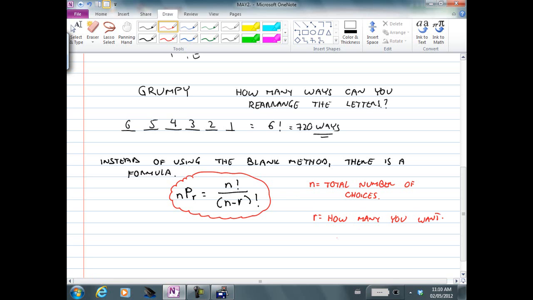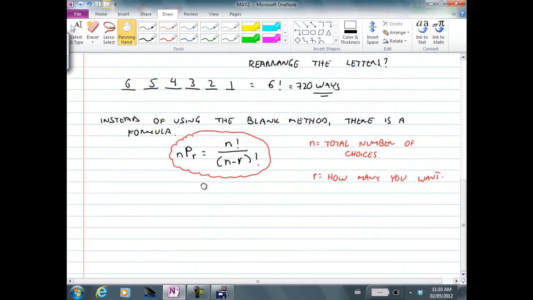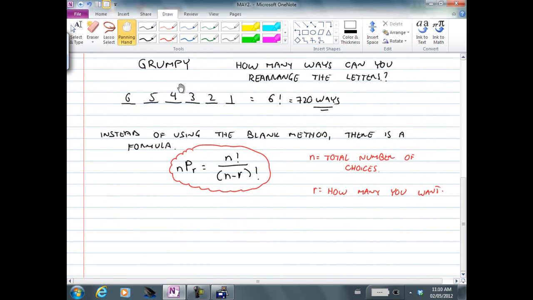I'm going to show you how to use this formula. So right off the bat, if I look at the word grumpy, count how many choices you have altogether. 6. So write down n equals 6. Out of those 6 letters I just gave you, I asked you to rearrange all the letters. So we are going to use every single letter. So we're going to have r equals 6 also.